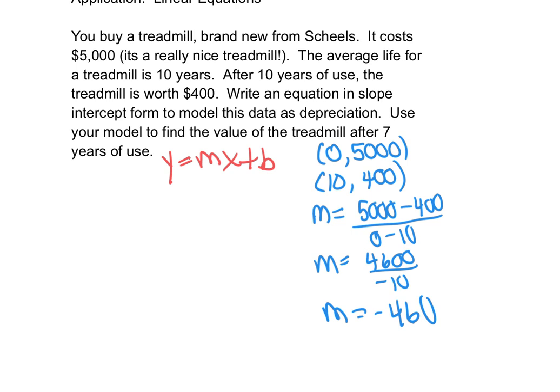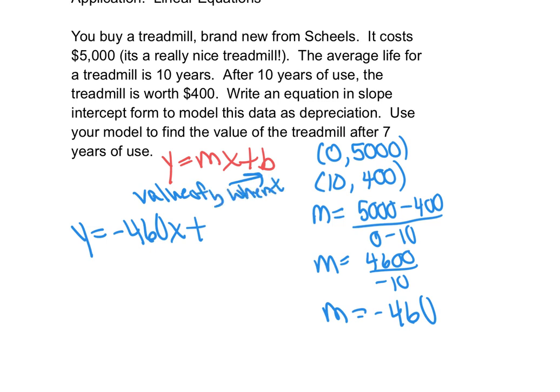So then we're going to say, all right, my equation is going to be y equals, my slope is -$460 per year. Well, my y-intercept, if we think about the definition of a y-intercept, the y-intercept is the value of y when x equals 0.